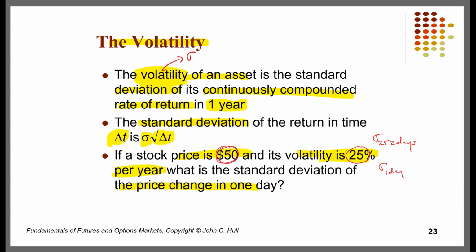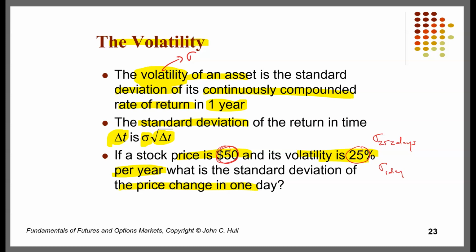Well, the 1 day standard deviation is going to be equal to the n day standard deviation, which is the annual standard deviation that we have there, and we're going to multiply that n day standard deviation by the square root of 1 divided by the number of trading days.